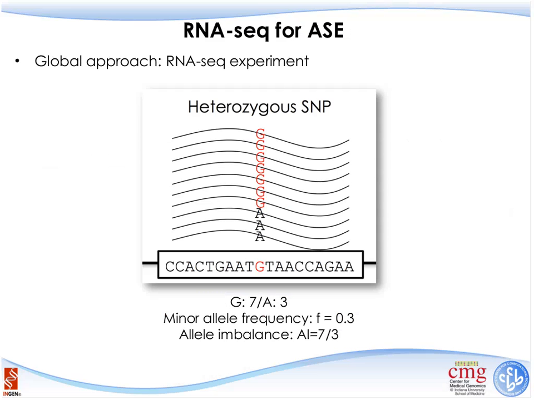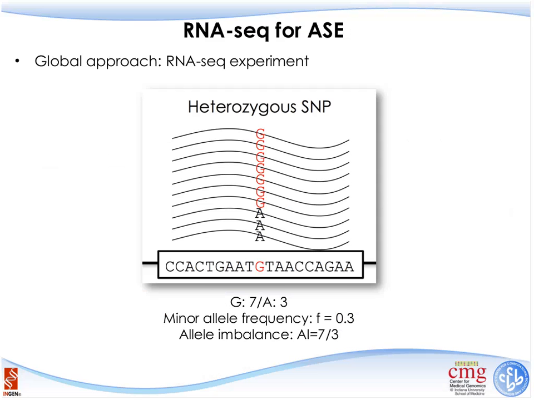This is just a hypothetical example explaining why an RNA sequencing experiment can be used to study allele-specific expression. In this pattern, we can see this particular location, and the middle part is a G, and actually it's a heterozygous SNP. It can be either G or A. From the RNA sequencing data, we can see clearly there are 7 G and 3 A here.